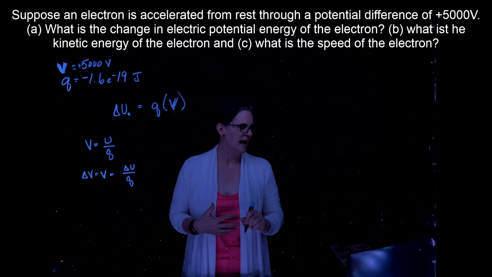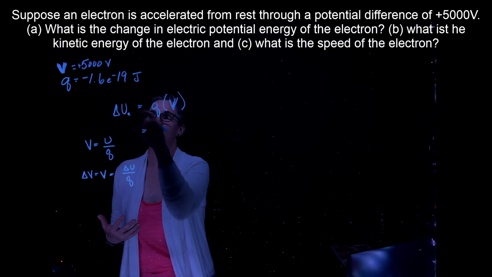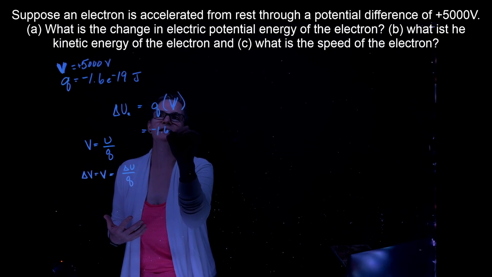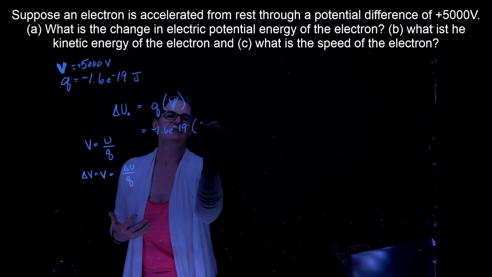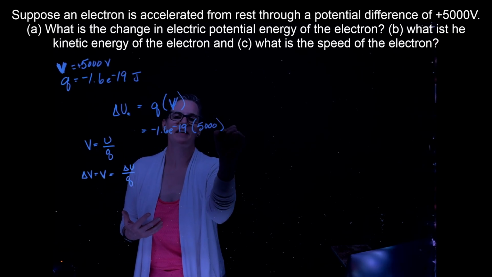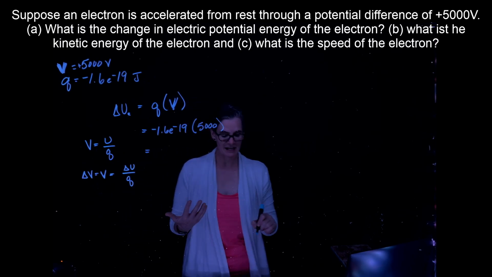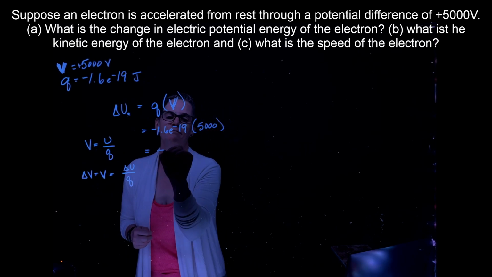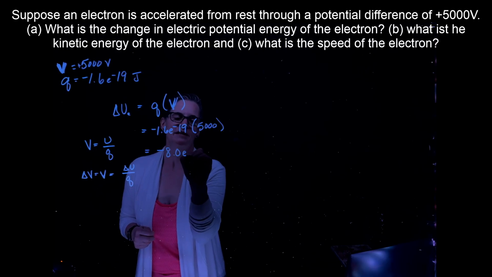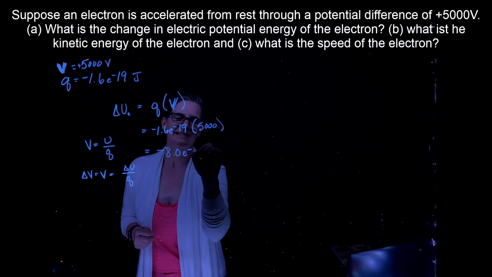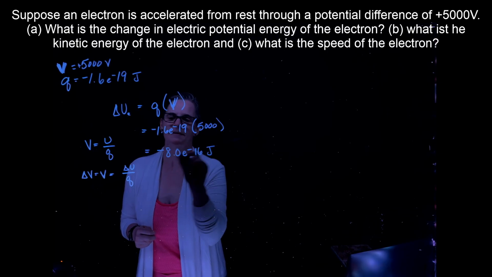Our charge is minus 1.6 times 10 to the negative 19th, and our voltage is a positive 5,000. We get a change in potential energy of the particle of minus 8.0 times 10 to the negative 16th joules.